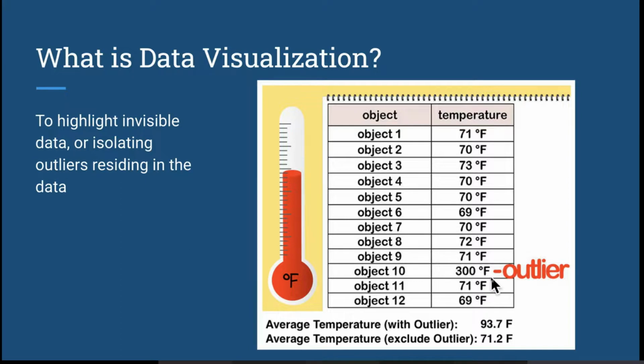An outlier in the data analysis context means data that is special or that is not in line with the trend. The trend over here is all 70 plus Fahrenheit, but this 300 Fahrenheit is a special case.